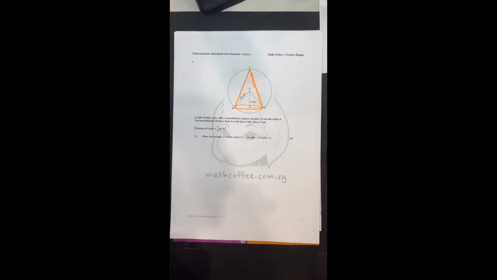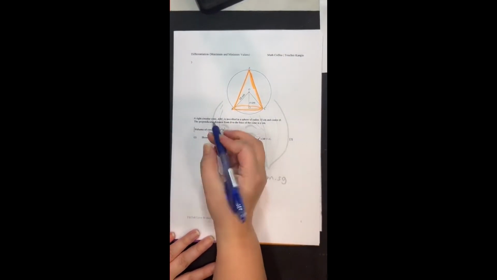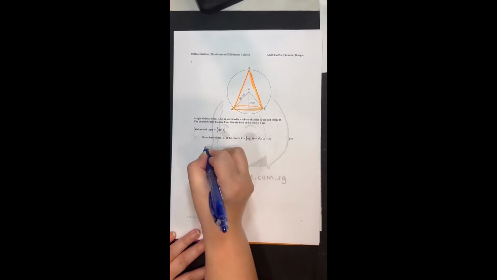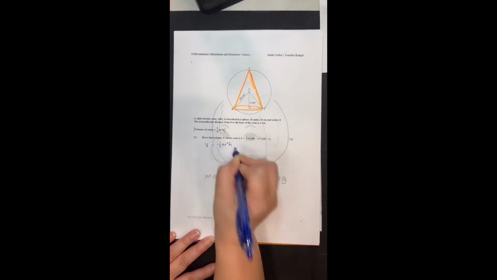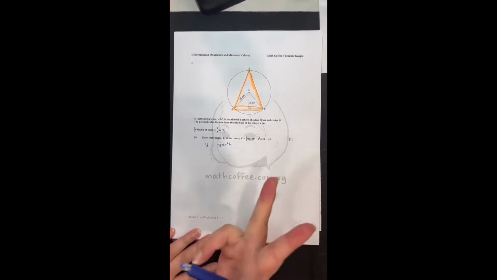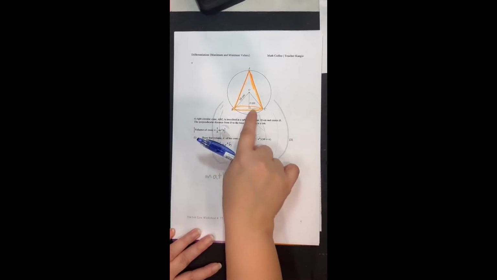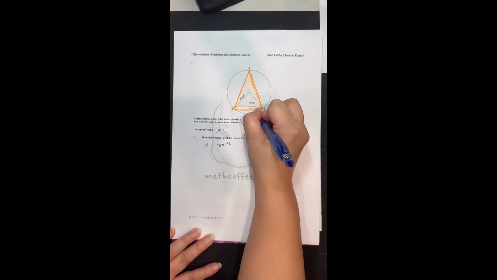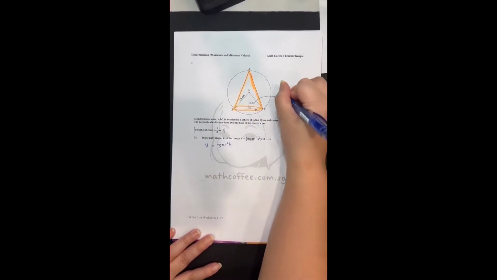So your task is to find the volume of the cone. Referring to this formula, volume is equal to 1/3 pi r squared h. My radius, I don't have, so you need to go and find what your radius is. So I'm going to let this be the radius. Then now I'm going to draw out this shape here.